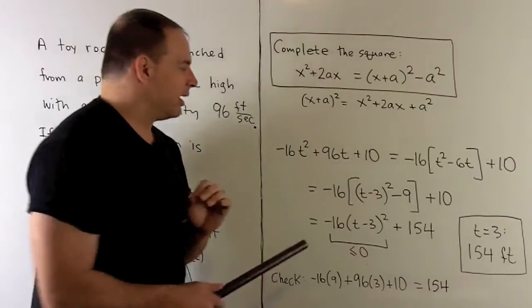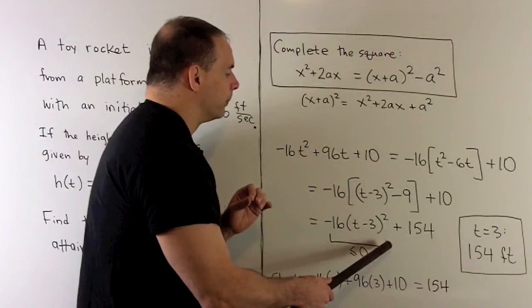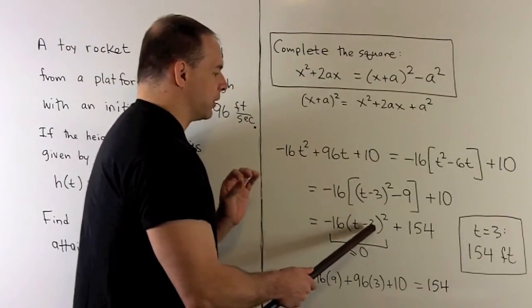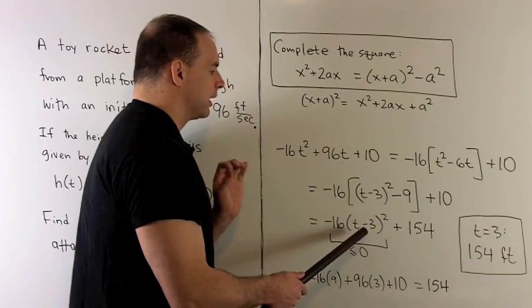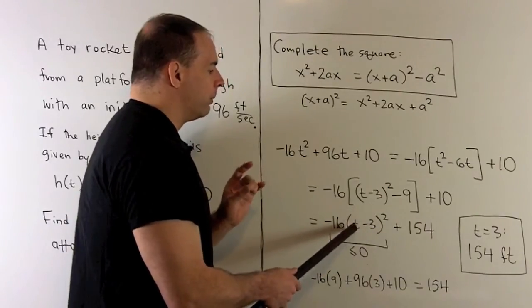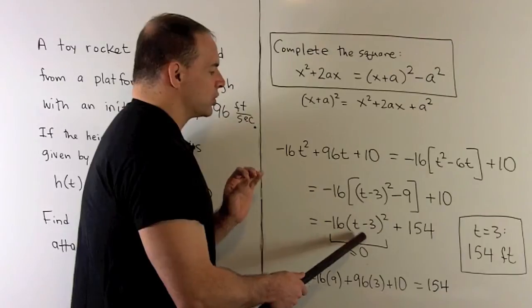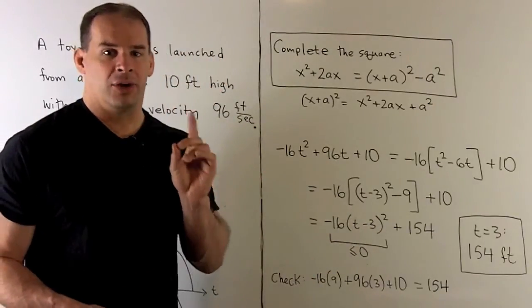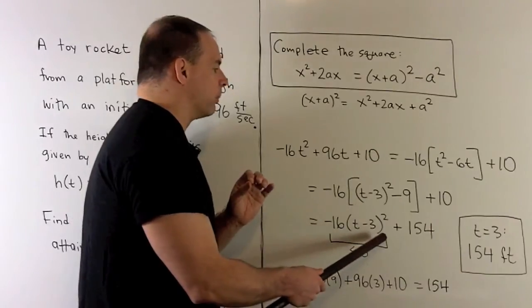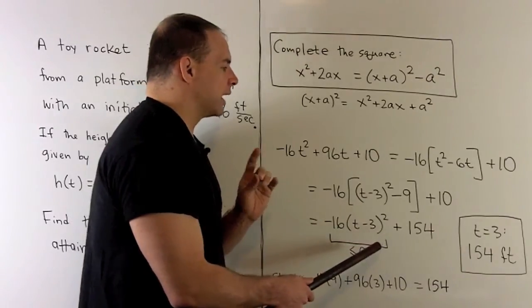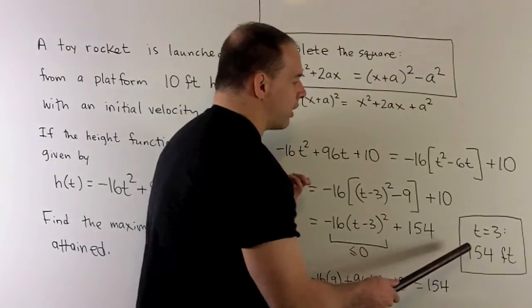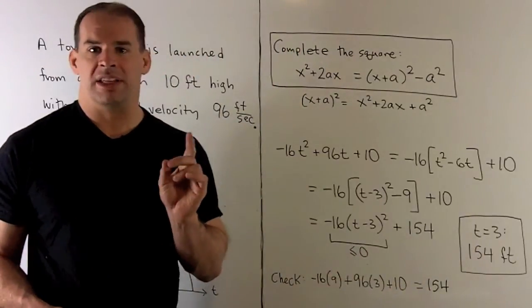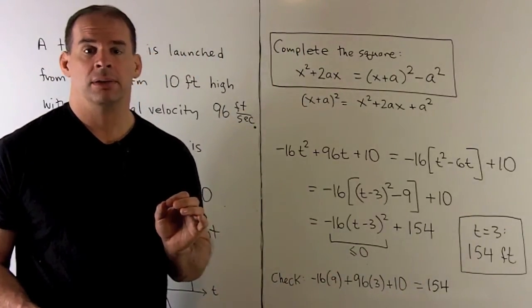That's going to be when this is exactly equal to 0, so that'll happen when t is equal to 3. If we use any other number, we take that number, square it when we take off 3, so a positive number comes out, and then you're taking off a strictly negative number. So the answer is you're going to have 154 feet when t is equal to 3 seconds.